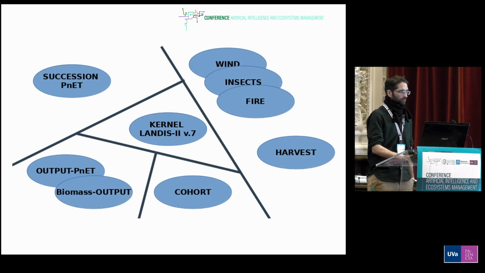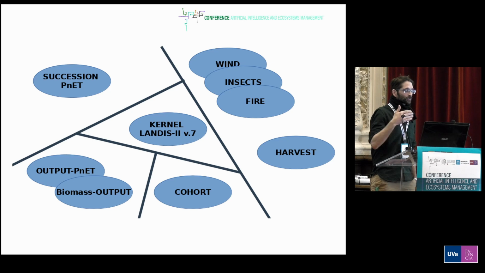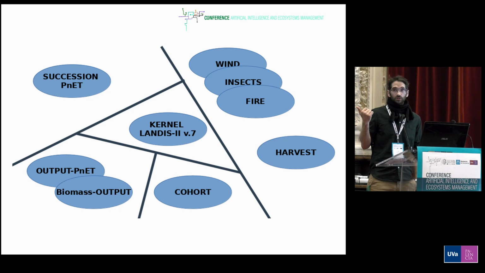But it's quite complex. If you start working on this, you will first try to find all the extensions or modules you are interested in, so that you can pretty accurately replicate your situation, your landscape. This is a common situation in the Carpathian Mountains, the type of modules that you need.